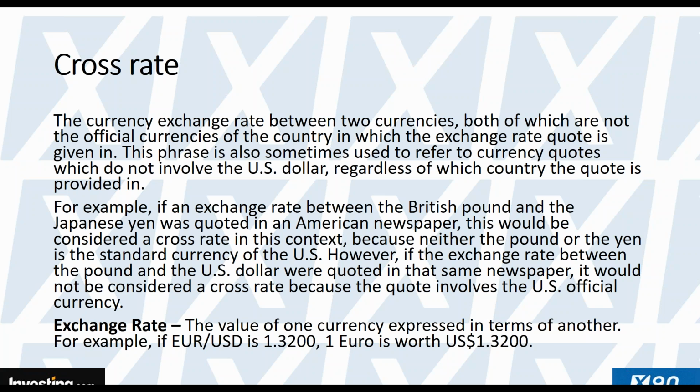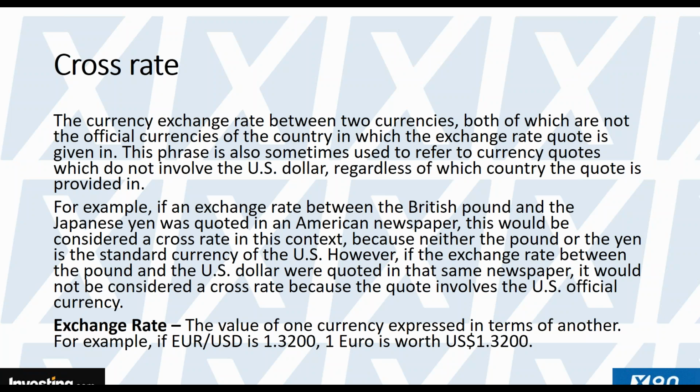For example, if an exchange rate between the British pound and the Japanese yen was quoted in an American newspaper, this would be considered a cross rate in this context because neither the pound nor the yen is the standard currency in the US. However, if the exchange rate between the pound and the US dollar were quoted in the same newspaper, it would not be considered a cross rate because the quote involved the US official currency.